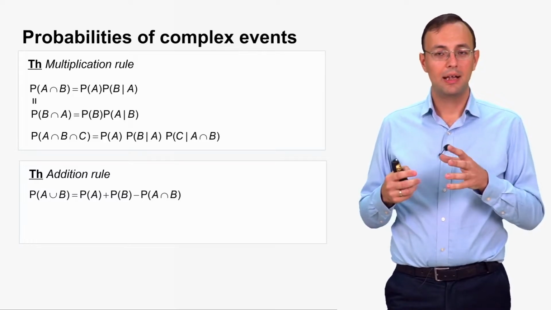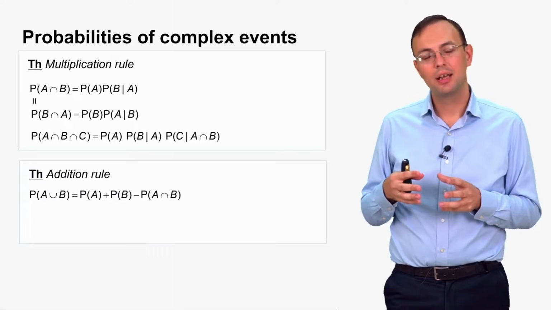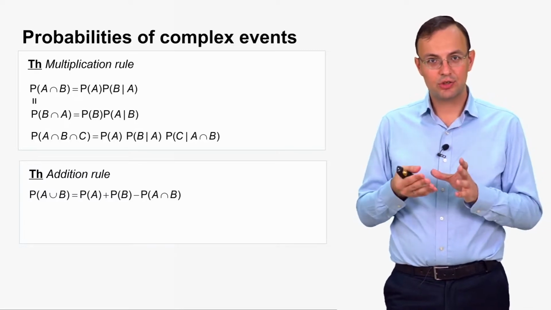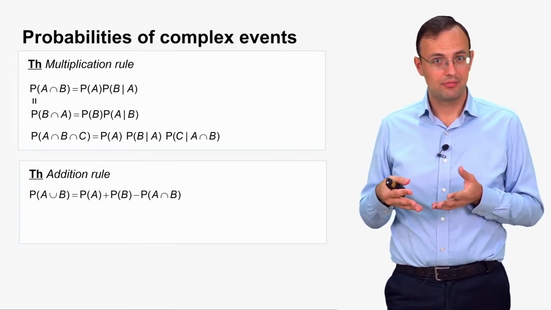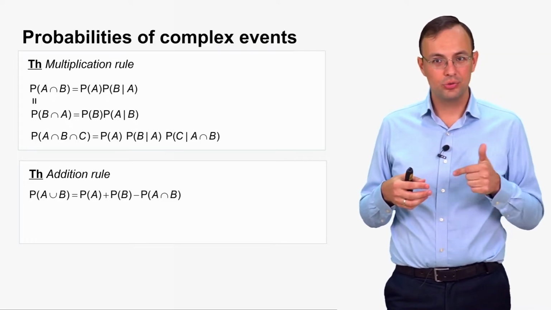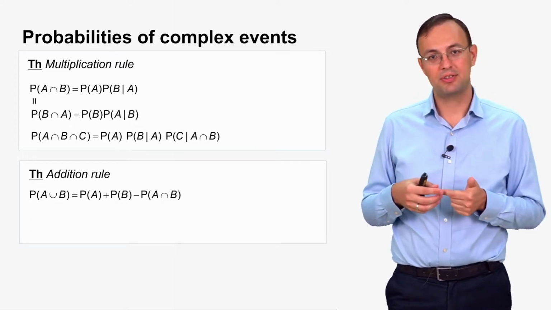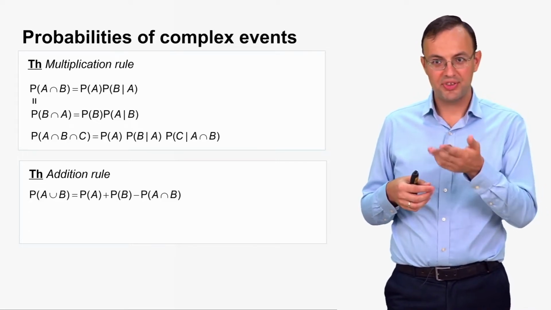So if you add just area of A to the area of B, the area of intersection will be counted twice. And to count it just one time, you should subtract area of the intersection. So the same thing we see here.